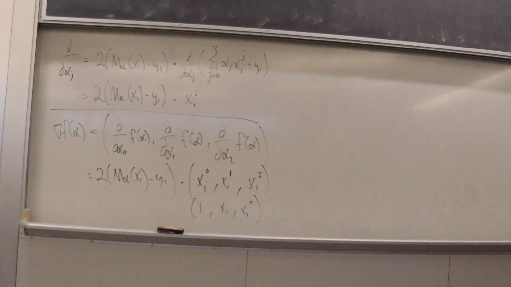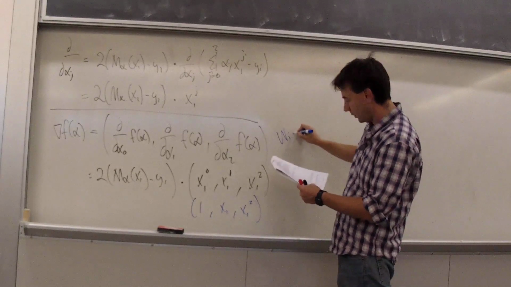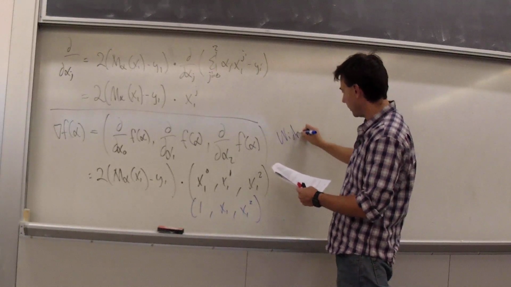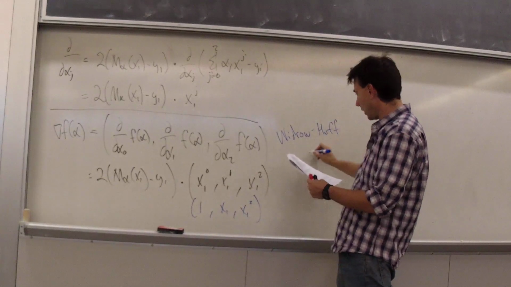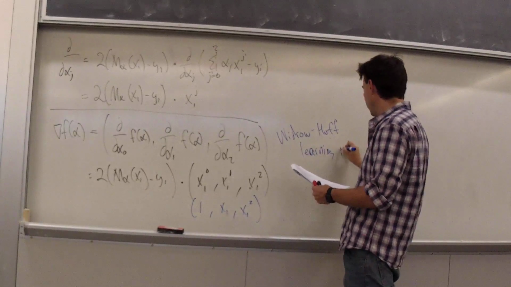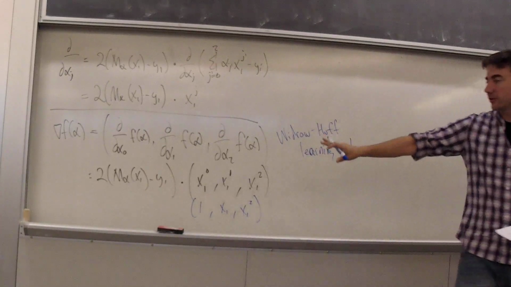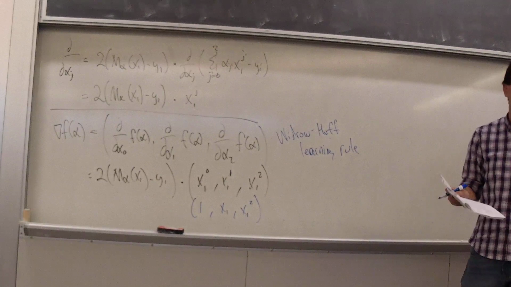This is known in general as the Widrow-Hoff learning rule. Okay, so for this case, the gradient is actually pretty simple.